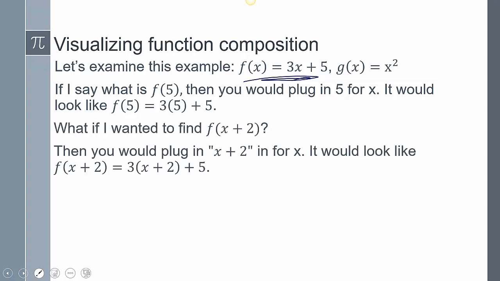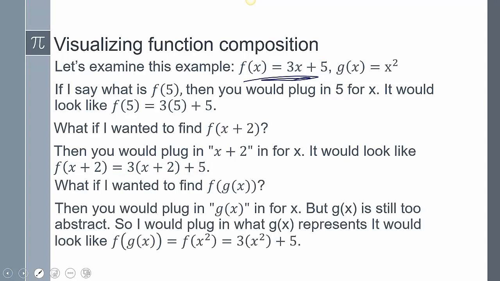Now what if I want f of x plus 2? That means I would take this x plus 2 and plug it in for x into my function. So instead of writing 3x plus 5, I would write 3 parentheses x plus 2 plus 5. Now what if I wanted f of g of x?